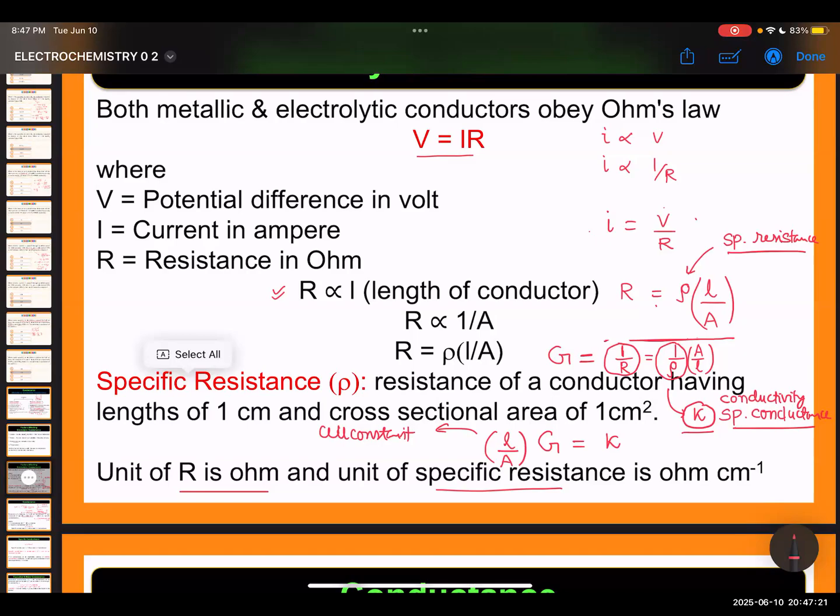Is it clear? So I should write kappa equal to conductance into cell constant. You should remember this. The abbreviated form Cc, I am using for conductance and cell constant.